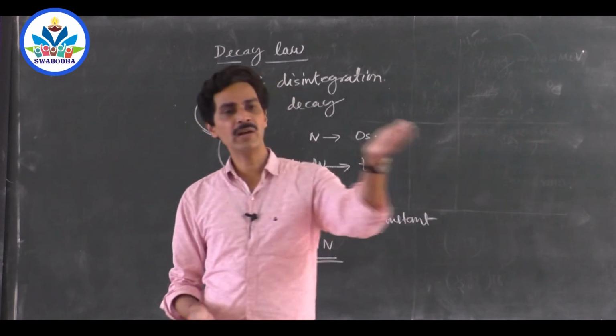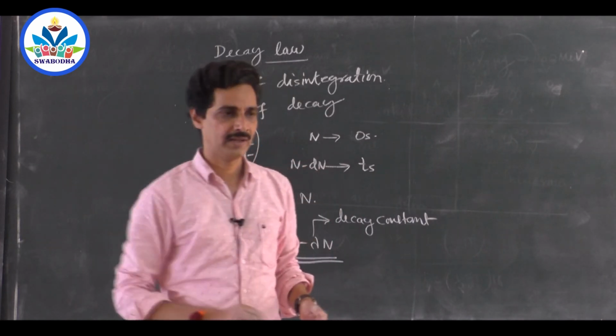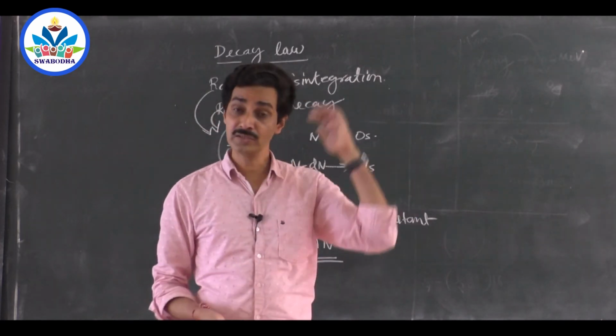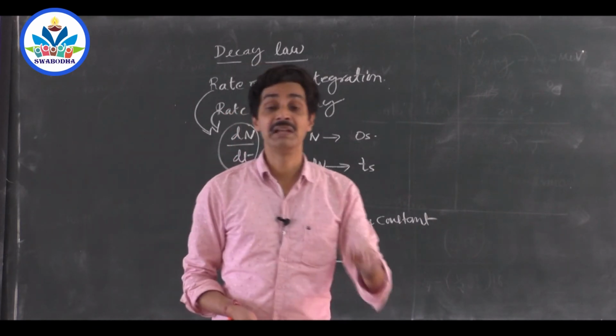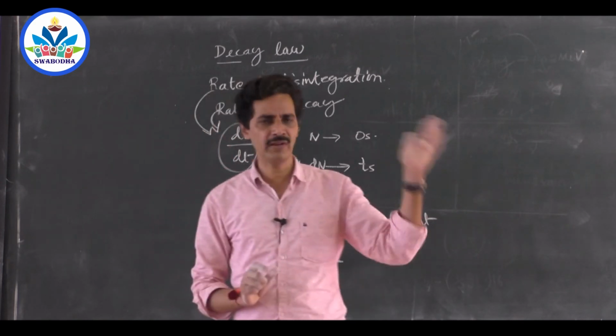Sir, you give a constant for each material: decay constant of carbon, of radium, of uranium. What does it mean, sir? If the decay constant is more for a material, what do you mean by that? It decays faster. It takes less time to decay, very fast decay.